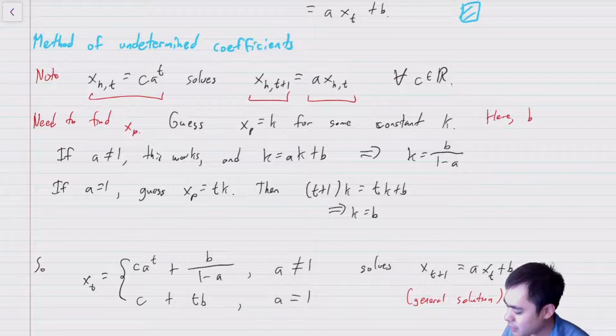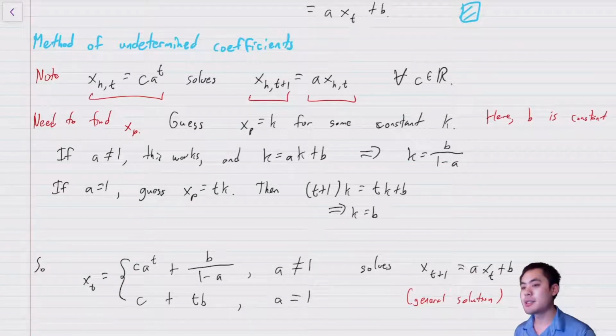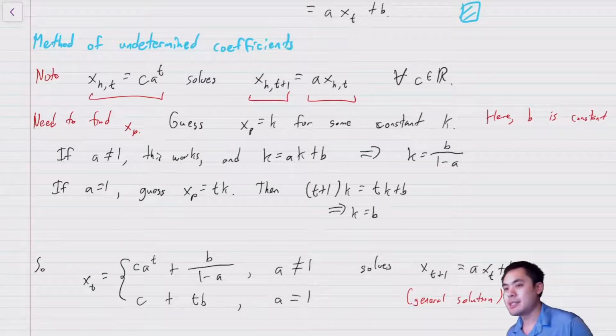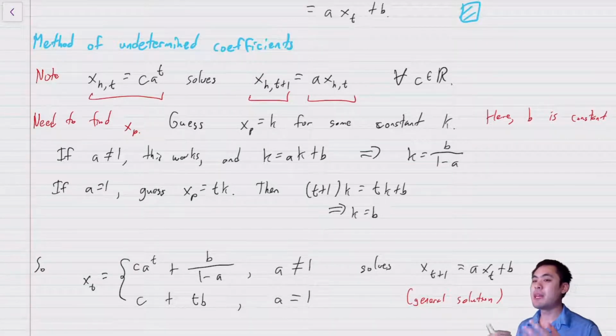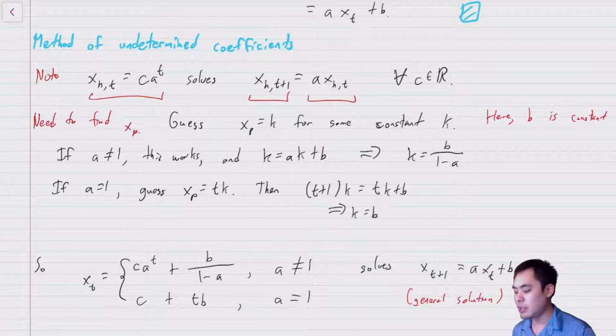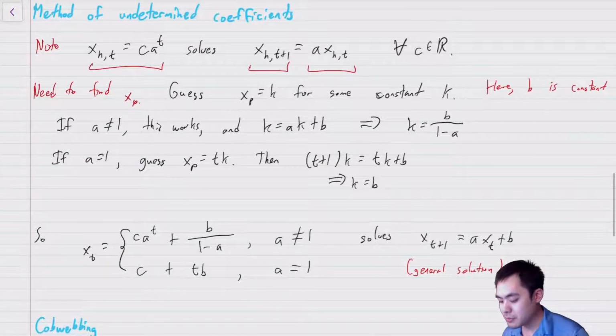So here we know that b is constant. And so since b is constant, one reasonable guess is that there is some constant particular solution to the non-homogeneous equation.